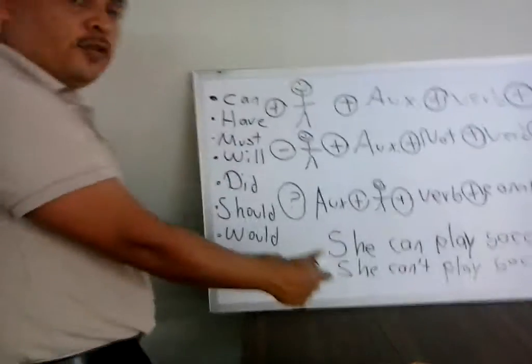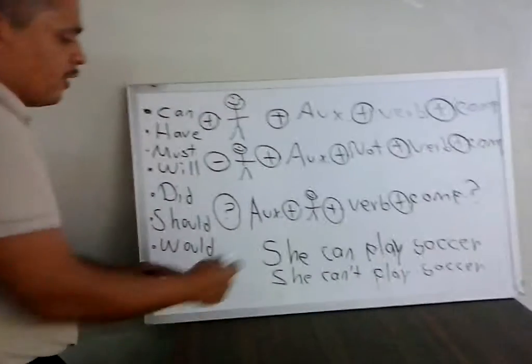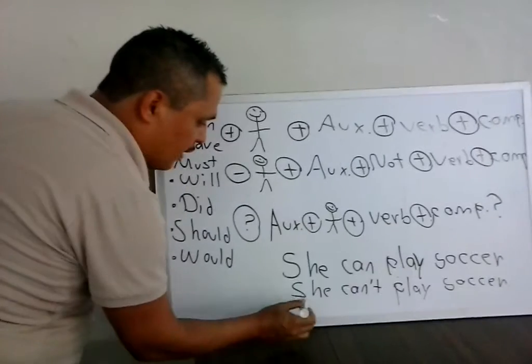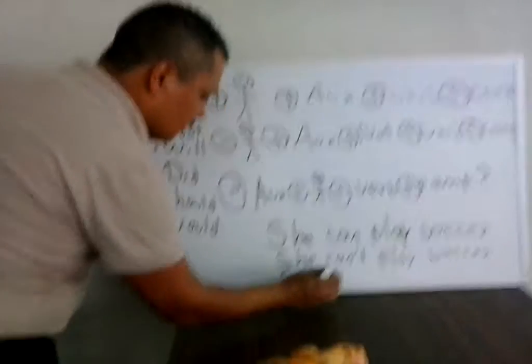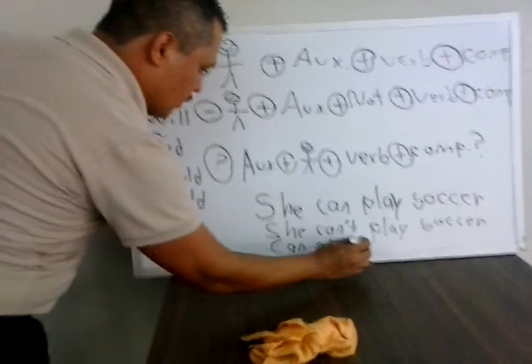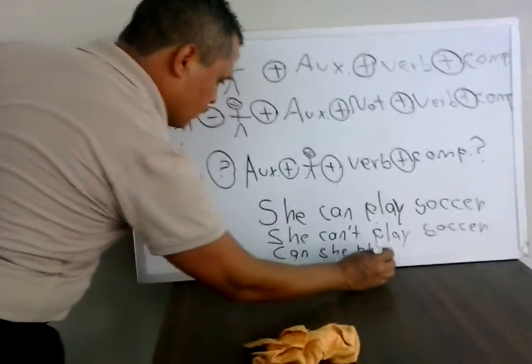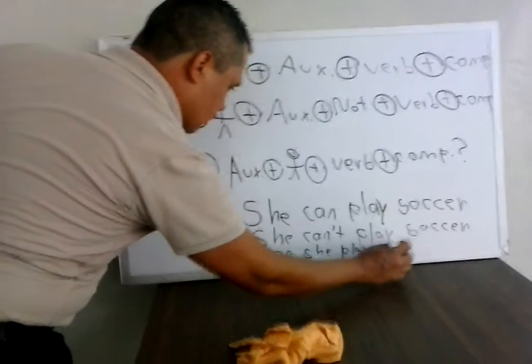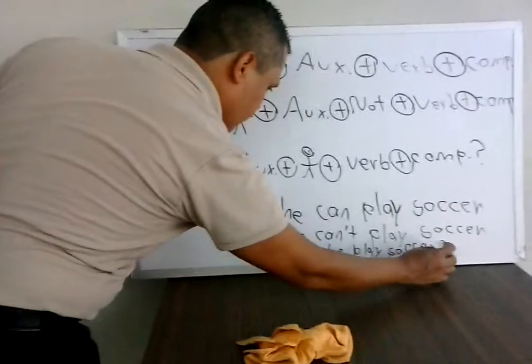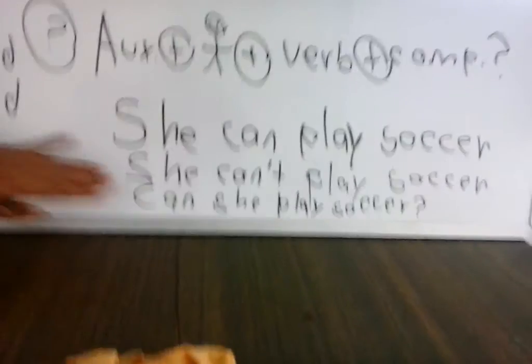For a question, you just need to change the auxiliary to the beginning of the sentence. Yes, she can play soccer. She can't play soccer. Can she play soccer? Yes.